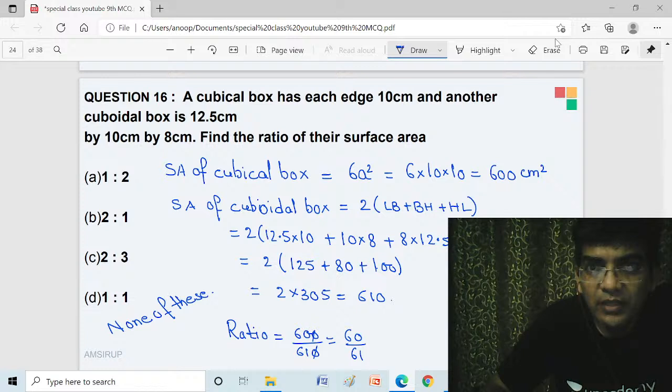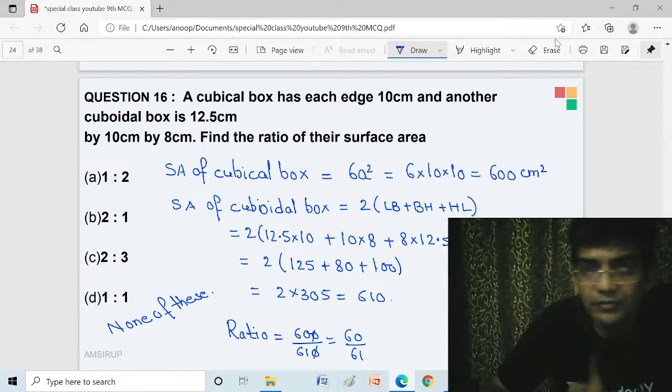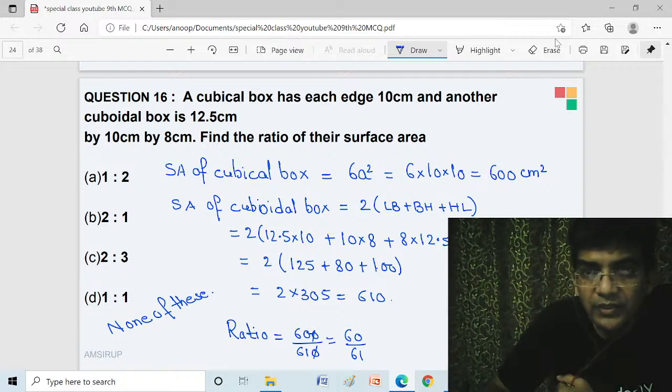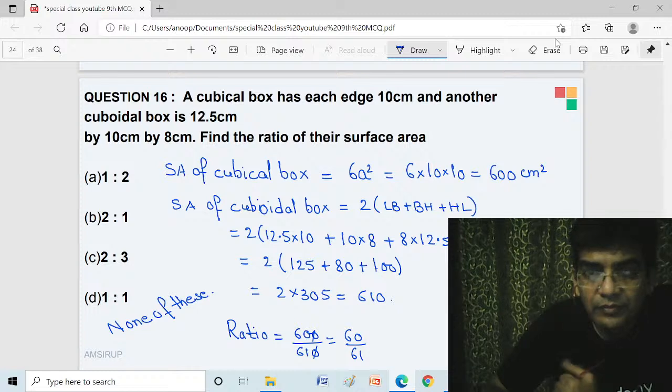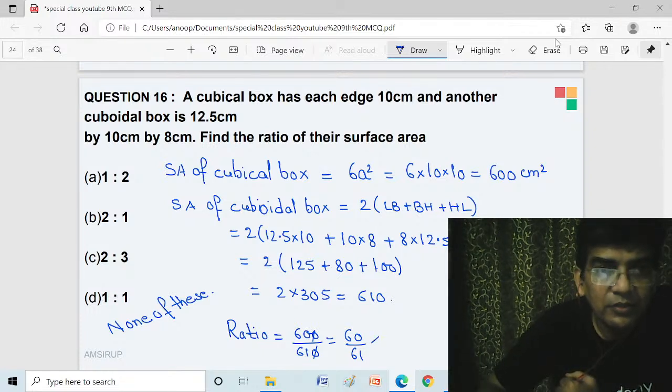So length into breadth, 12.5 into 10, then 10 into 8, and then 8 into 12.5. So 12 into 8 is 96, and 400, 80, and 12.5 into 10, so 125. So 3, 6. So the ratio should be this. So these are the wrong options given.